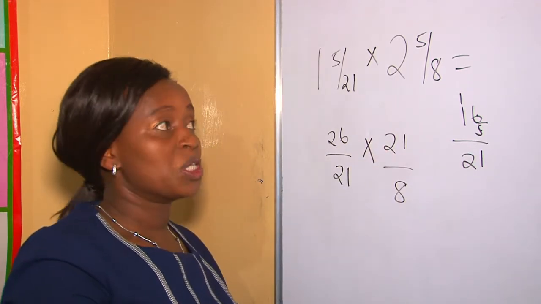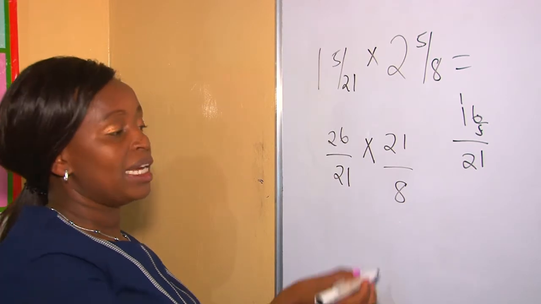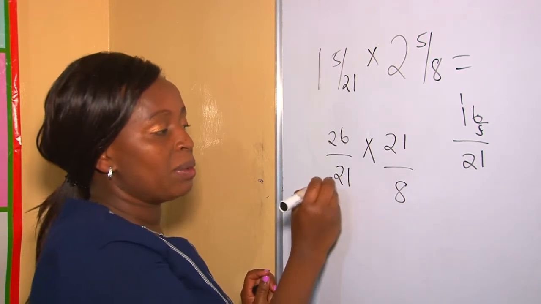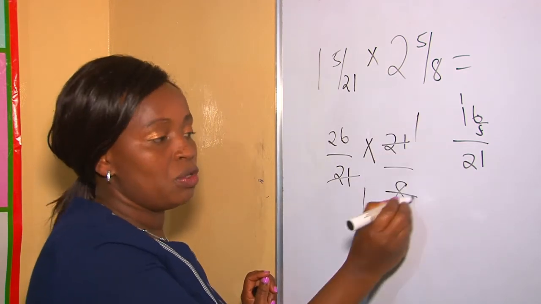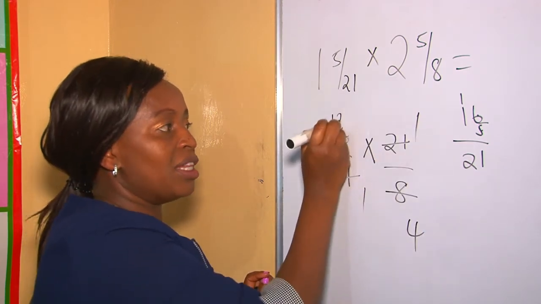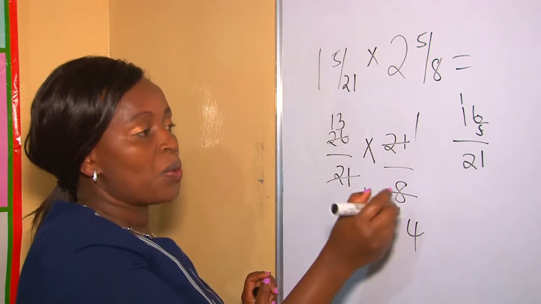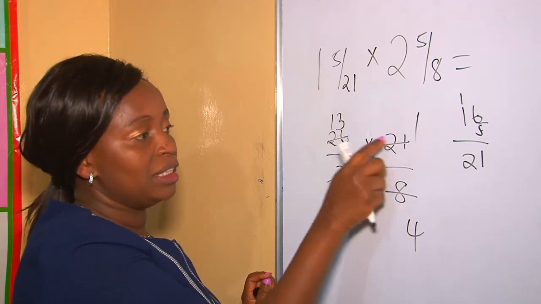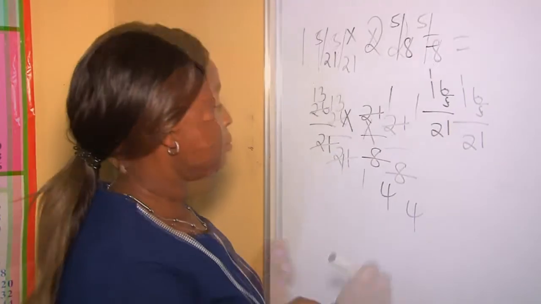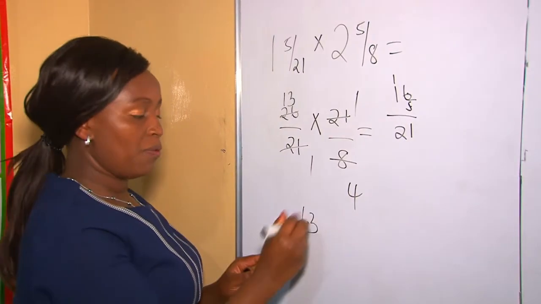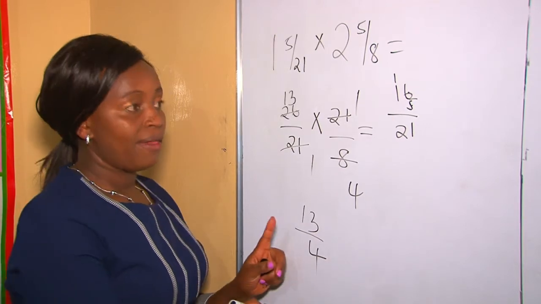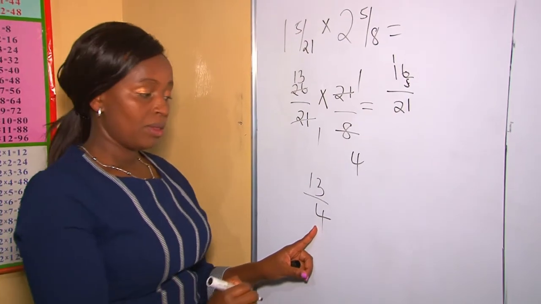We do what we call cross multiplication. So here, we say 21 by 21 is 1, 26 by 2 is 13, and 8 by 2 is 4. Now we are left with 13 times 1, which is 13, and 1 times 4, which is 4. 13 divided by 4.